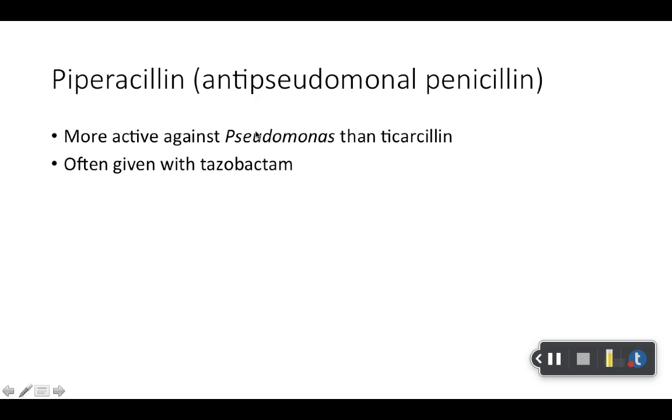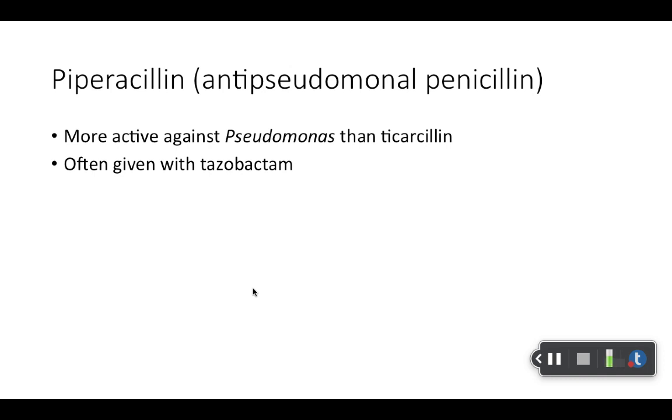This is another anti-pseudomonal penicillin, so definitely keep that in mind. Piperacillin is more effective, and often given with tazobactam, another one they manufacture in combination. The combination is Zosyn, the brand name.